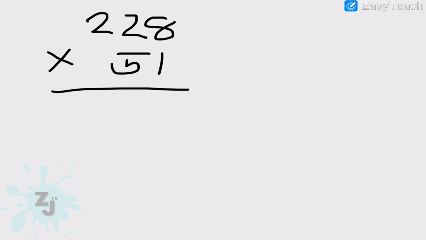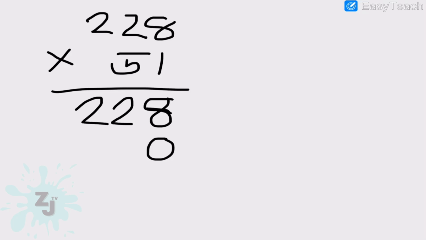That would be 8 times 1, that is 8. 2 times 1 is 2. 2 times 1 is 2. Next we bring down 0. That is 8 times 5. 8 times 5 is equal to 40. We bring up 4. 2 times 5 is 10 plus 4 is 14. We bring up 1. 2 times 5 is 10 plus 1 is 11.